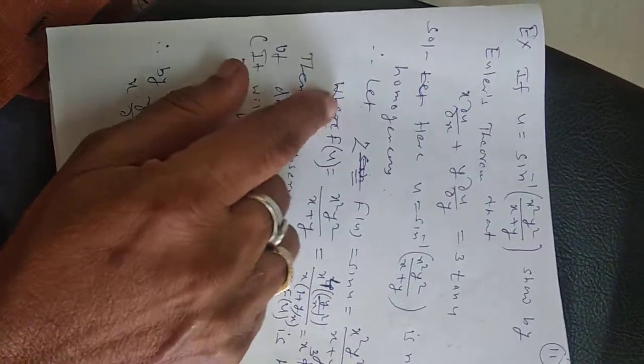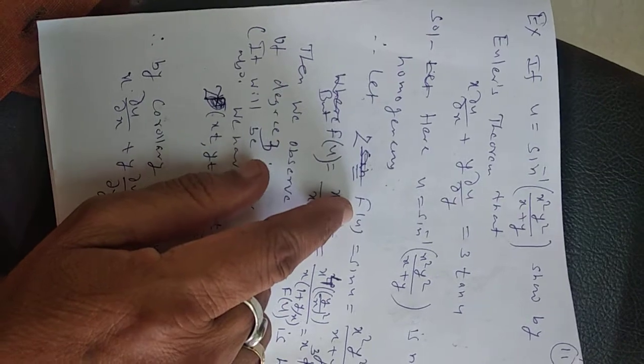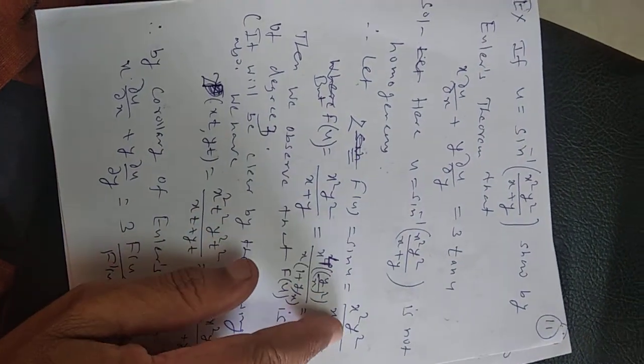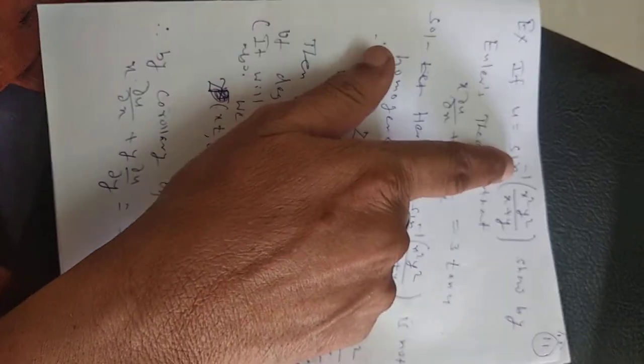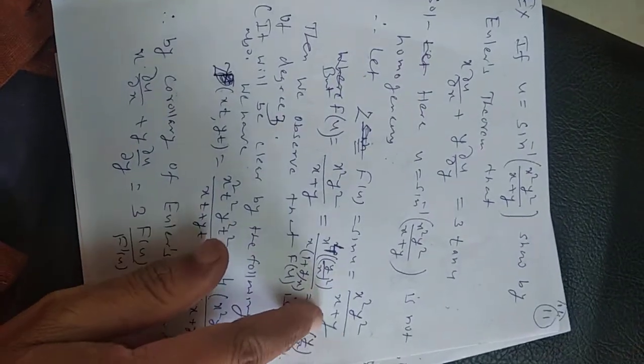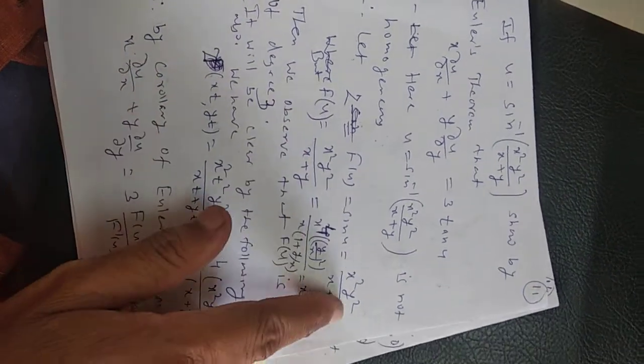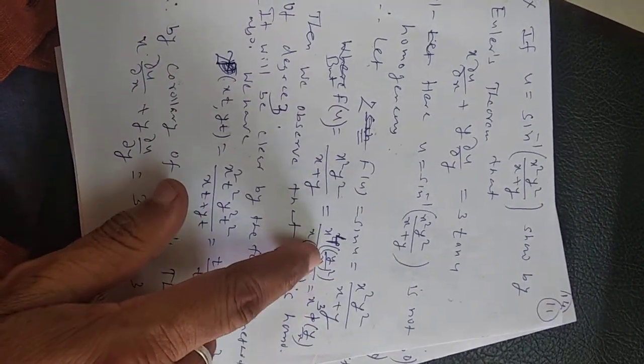But if we assume z = f(u), and f(u) is sin u, that is sine of sine inverse, that is x²y² upon x + y.